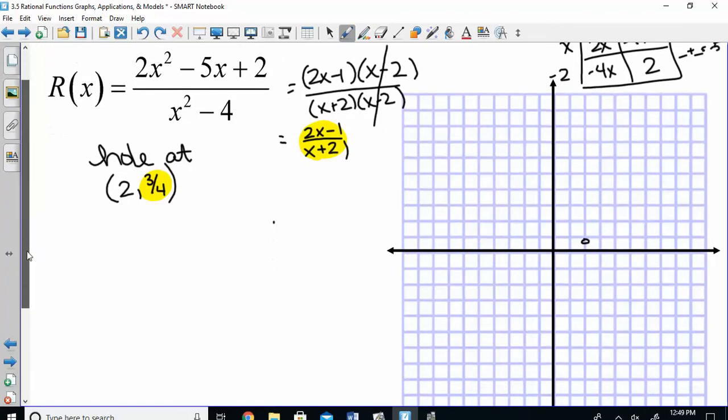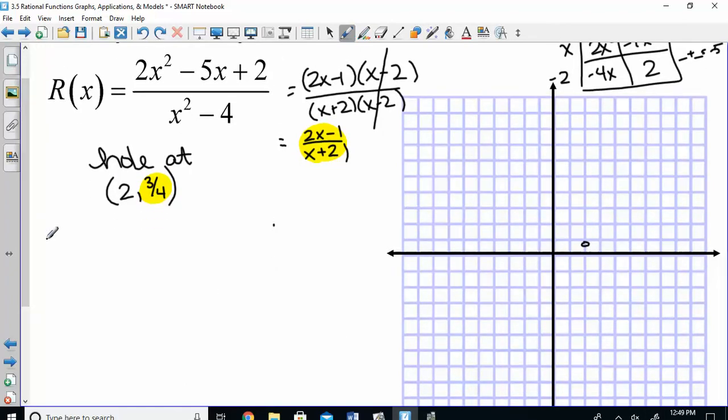So at positive 2, 3/4, there is a hole, just an open circle in my graph. Now I'm just using this yellow highlighted part in my final reduced form for the rest of my information.